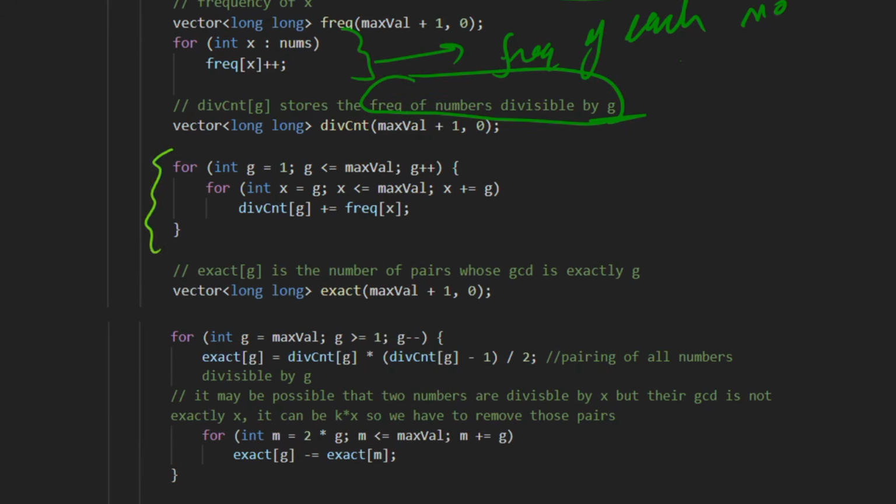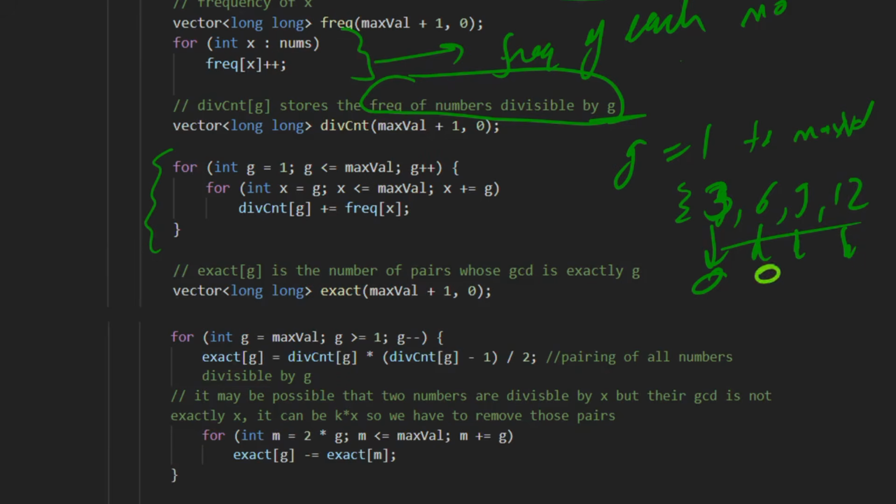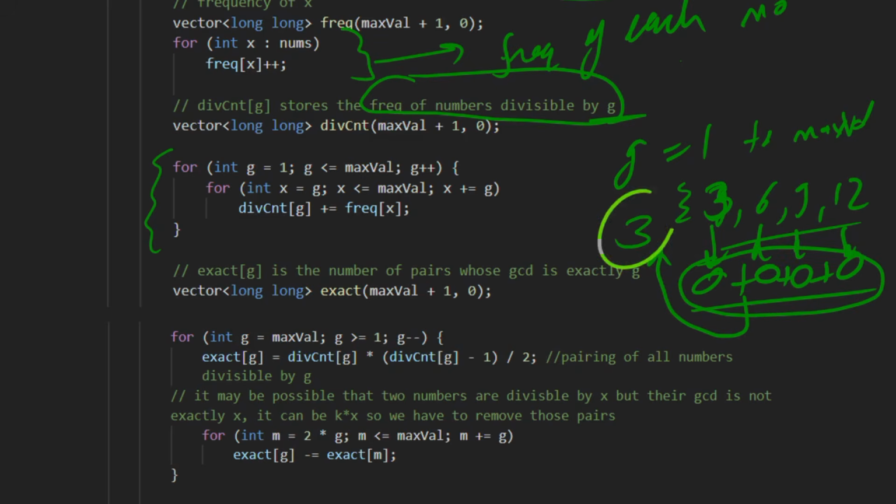For that we apply a loop from g equal to 1 to the maximum value, and in the inner loop we take the elements divisible by that g. Suppose g is equal to 3, then we take the elements 3, 6, 9, 12, and their frequencies. The sum of these frequencies gives us the numbers divisible by 3, right?